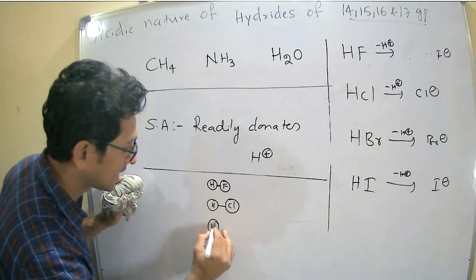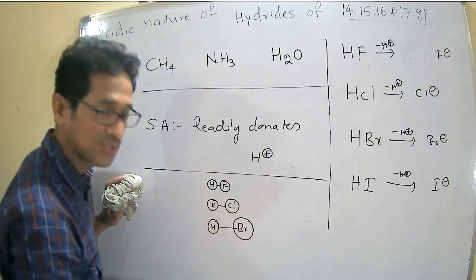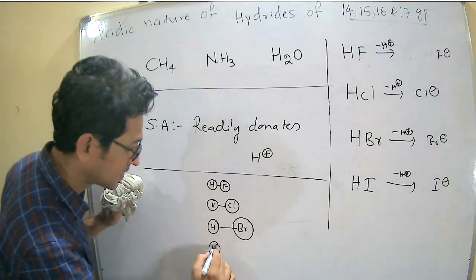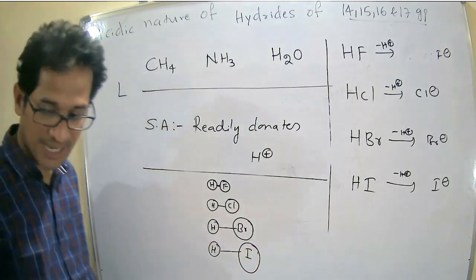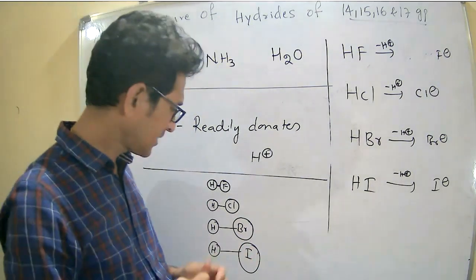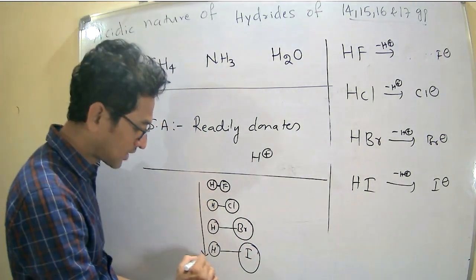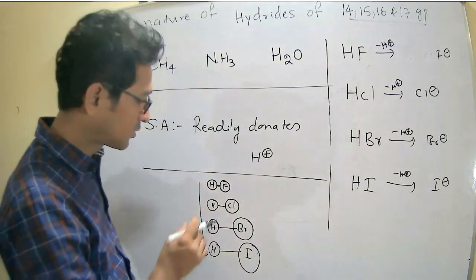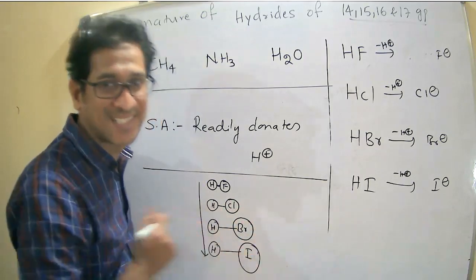Next, hydrogen and bromine, then hydrogen and iodine. Now see, while we are moving from top to bottom, the strength of the bond decreases.